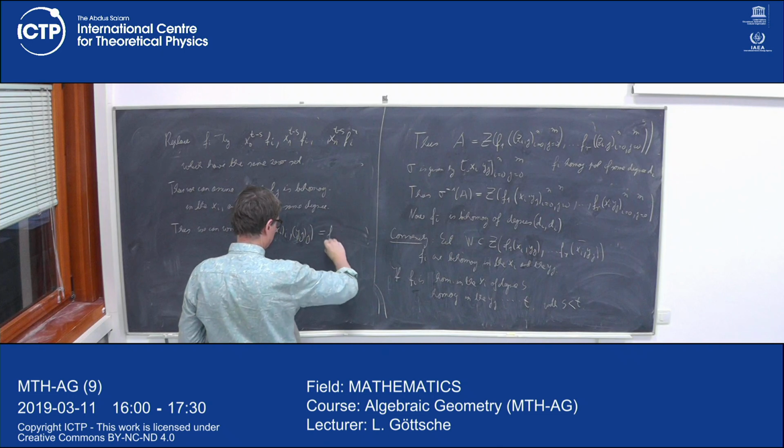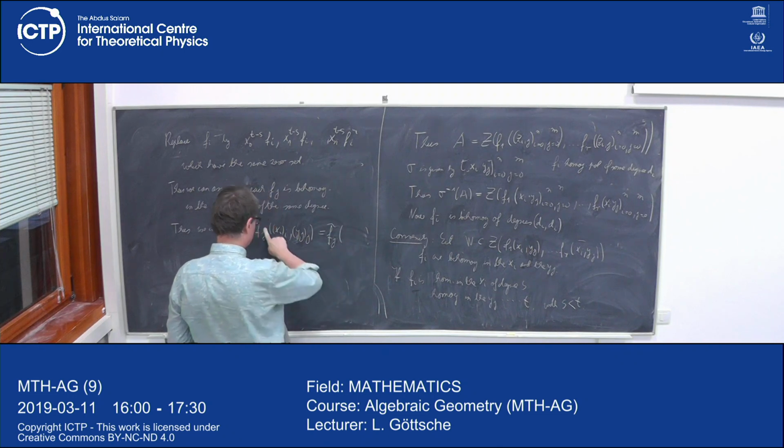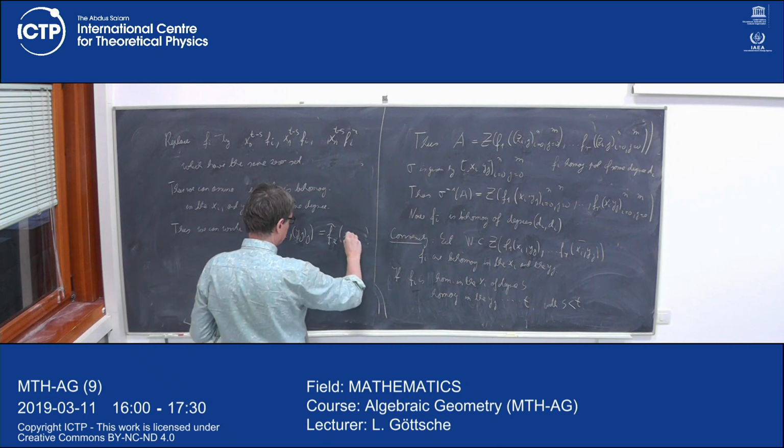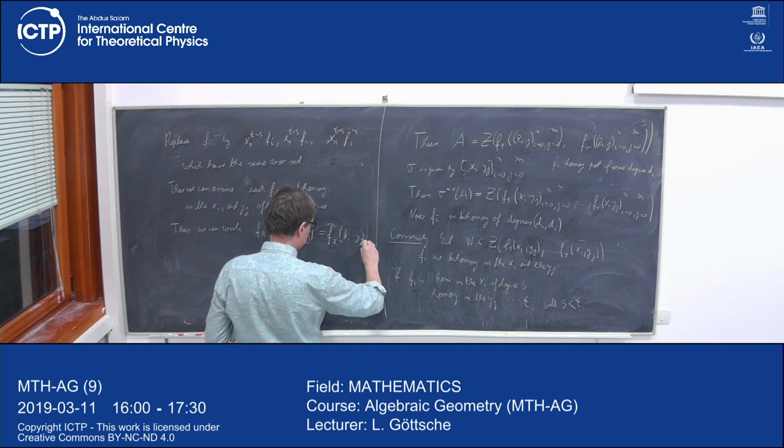This is also a polynomial, which I write differently, of xi times yj, where this runs through all possibilities.